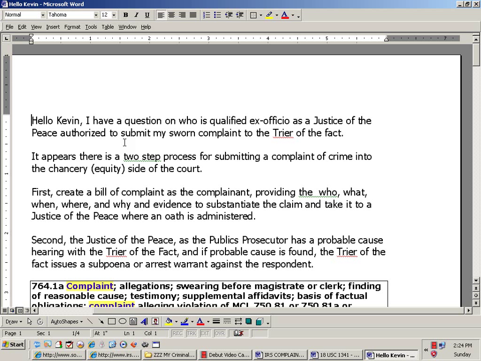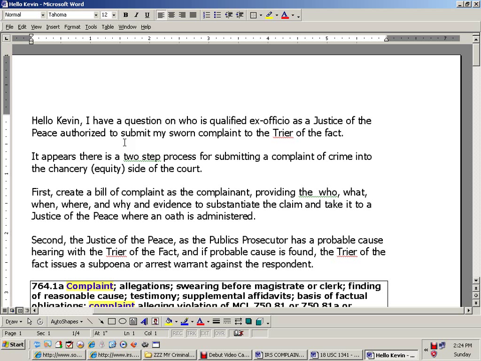First, create a bill of complaint as the complainant, providing the who, what, when, where, and why, and evidence to substantiate the claim, and take it to a justice of the peace where an oath is administered. Second, the justice of the peace, as the public's prosecutor, has a probable cause hearing with the trier of the fact, and if probable cause is found, the trier of the fact issues a subpoena or arrest warrant against the respondent.